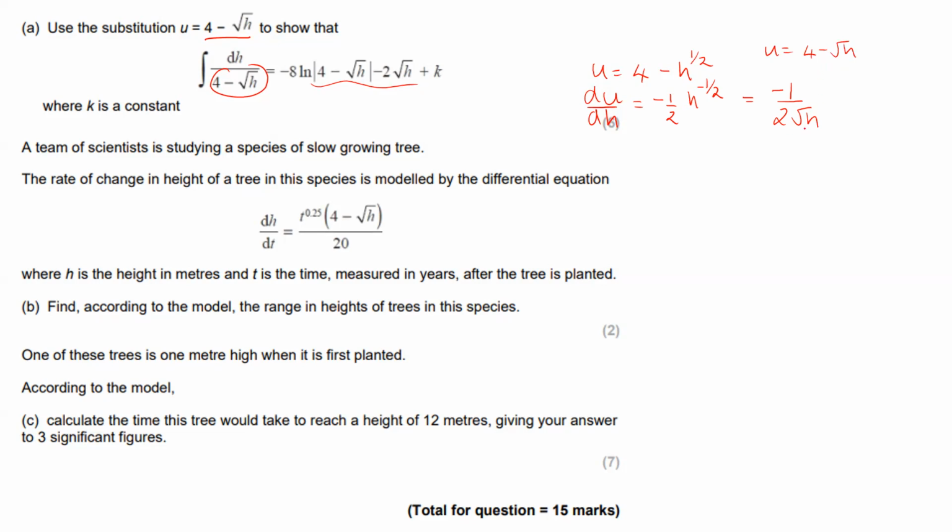So on the bottom, I have got that root h is going to be, well, I could leave that minus there and get u minus 4 is equal to minus root h.